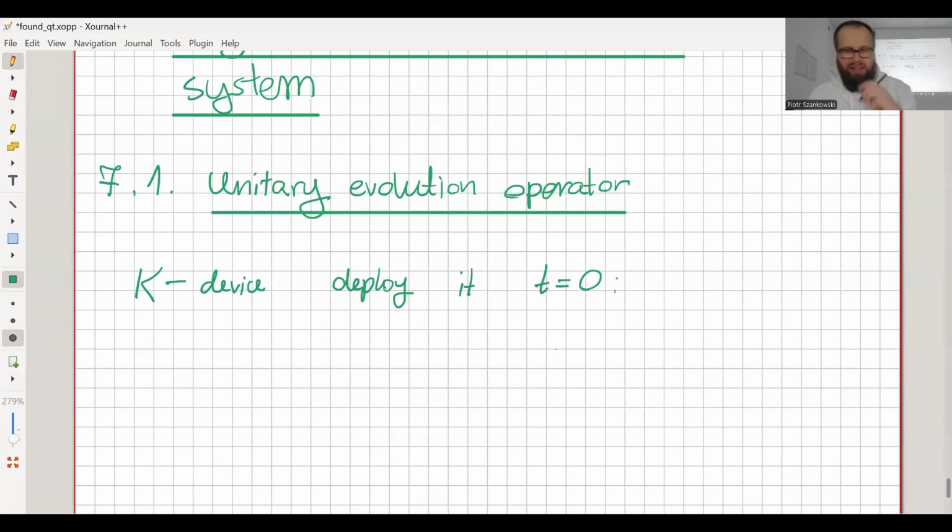Then from our considerations, we would know that there is a set of projection operators at t equals 0 corresponding to these measurements. And these operators would be rank 1 because the device is perfectly fine-grained.